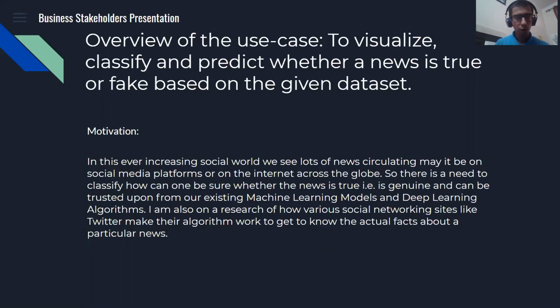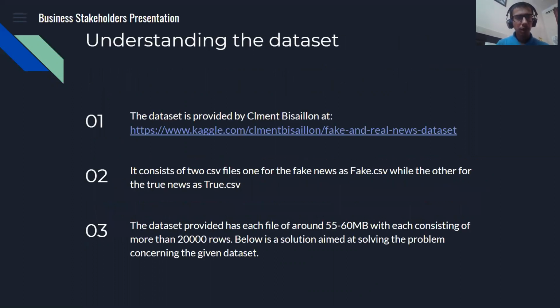So let's move on to the dataset. The dataset is provided by Clement Bisaillon at Kaggle. You can go through this site and you will find the datasets. It consists of two files, fake.csv for the fake news, and true.csv for the true news.